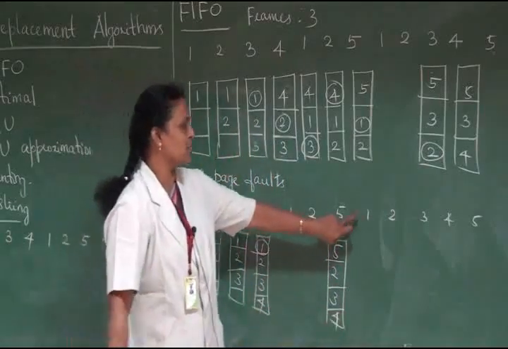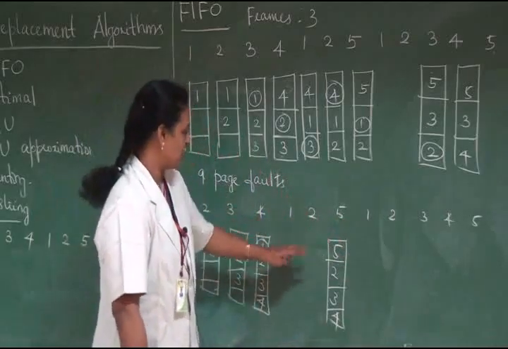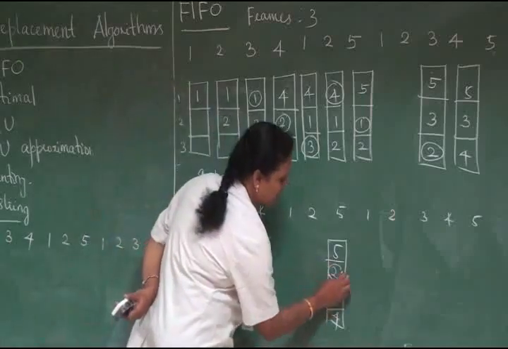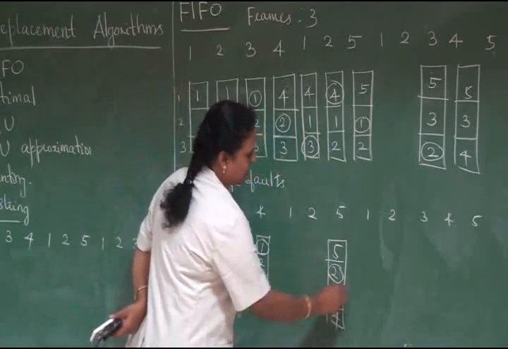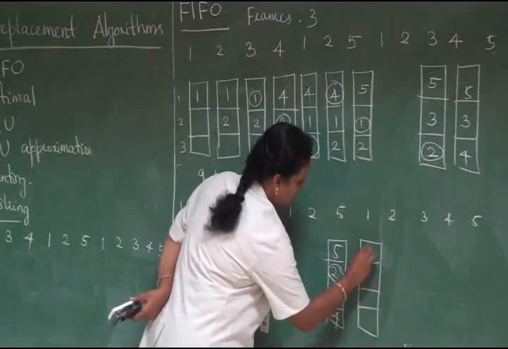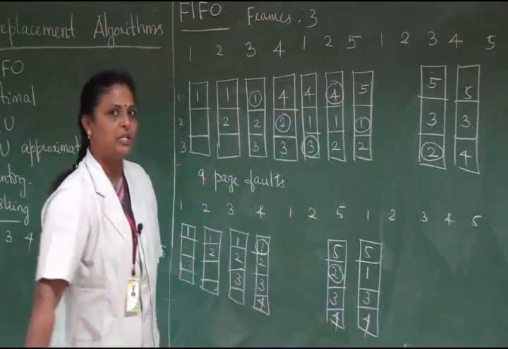Then it wants to access 1, but 1 has been removed from the frames, so we have to find the victim. The victim page is 2, because it entered first compared to the other pages. So 2 is replaced with 1.